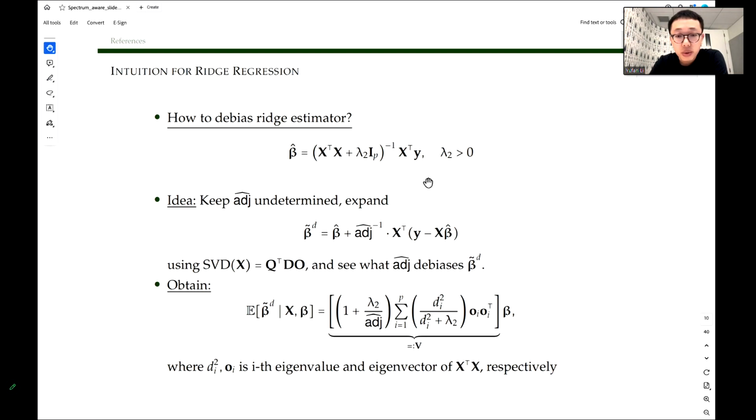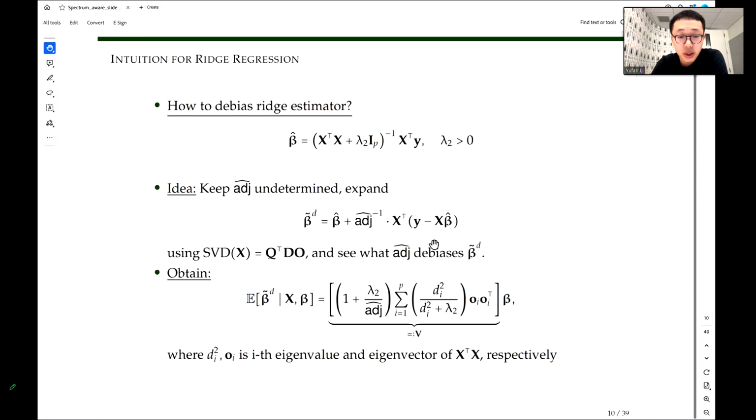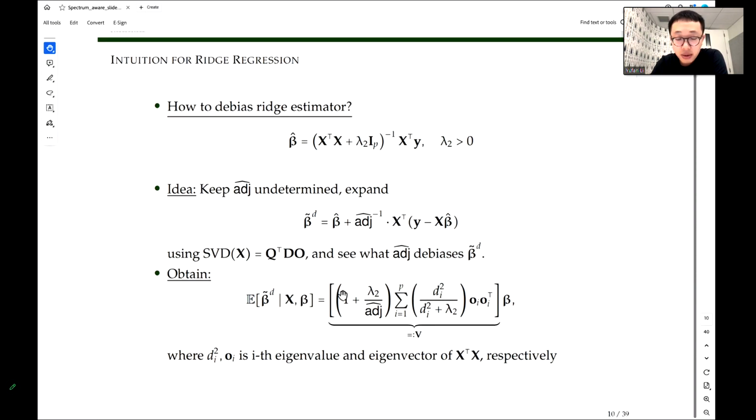You write down the explicit expression for the ridge estimator, and you write down the form that you want this debiased estimator to be, basically ridge plus some step size times your gradient descent. Then you write down the singular value decomposition of your design, and you expand the expression and rearrange it. You arrive at this expression, basically.